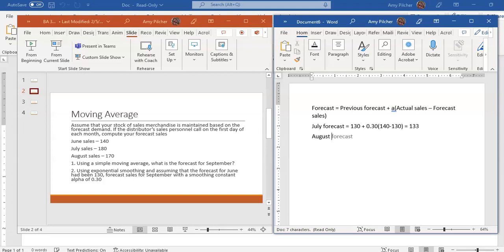Now we're going to calculate the August forecast. So we have 133 as our July forecast plus our exponential smoothing alpha times our July sales, which were actually 180, minus our forecast of 133. That gives us an August forecast of 147.10.